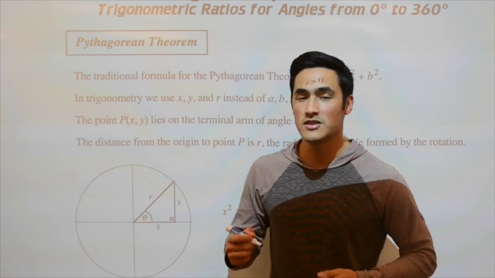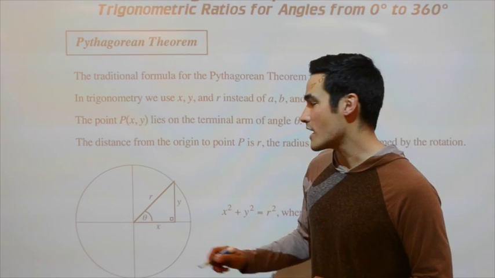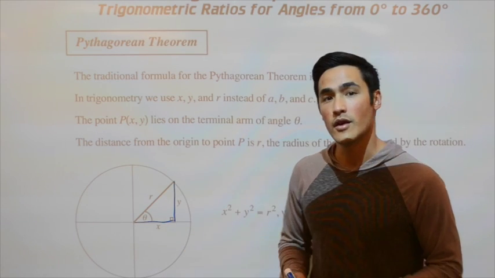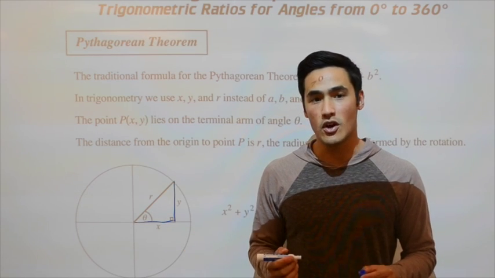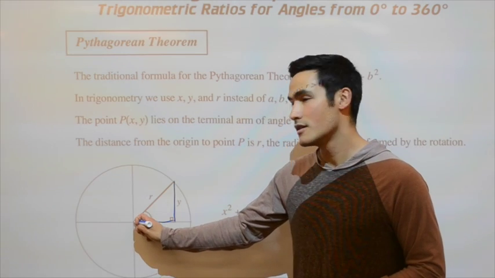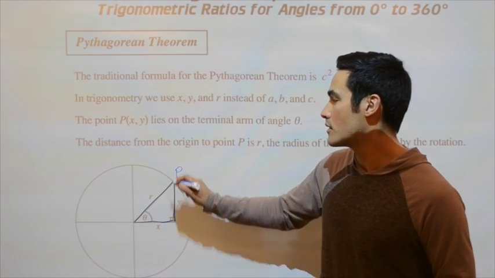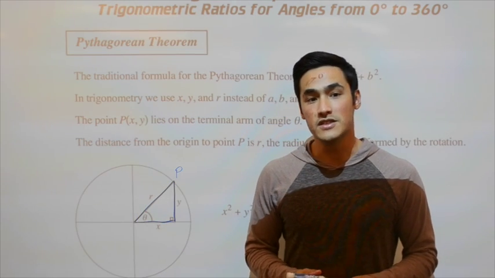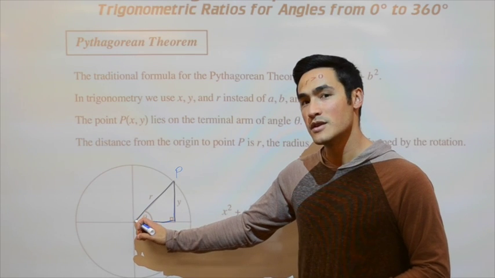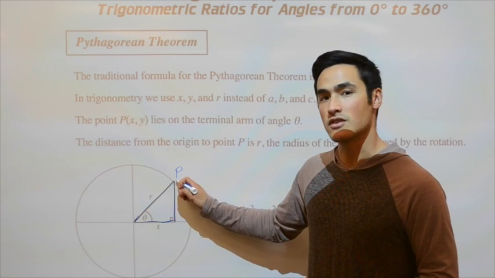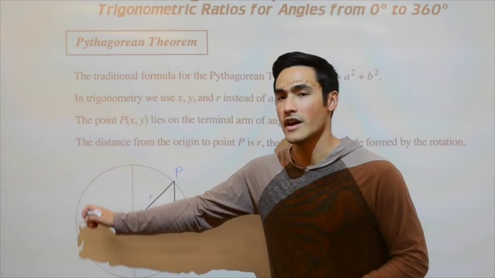Point P is the point along the x and y axis. The terminal arm starts at the origin and ends at point P. The distance from the origin to point P is the radius of the circle in the angle of rotation.